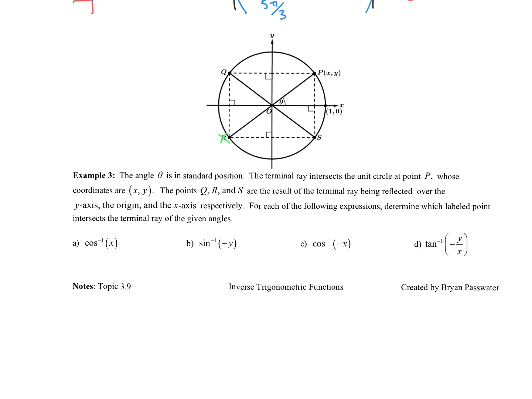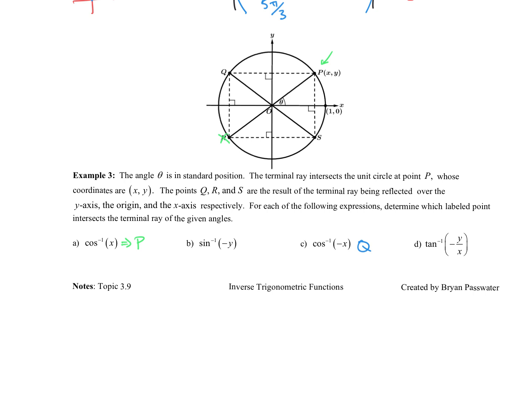At point P. All right. So on part C, I'm going to go there for the arc cosine again. For arc cosine to be negative x, which one's that going to be with? That one's going to be with Q, because I have a negative x on Q.